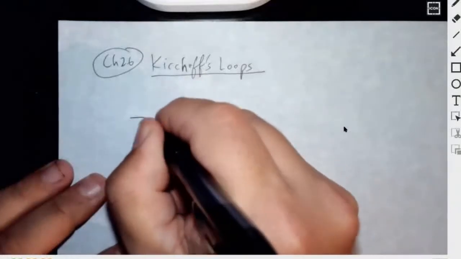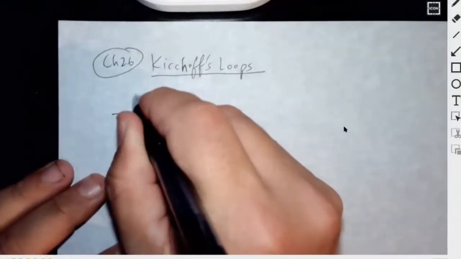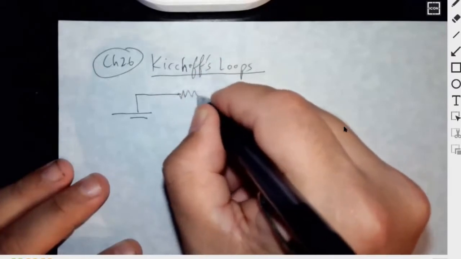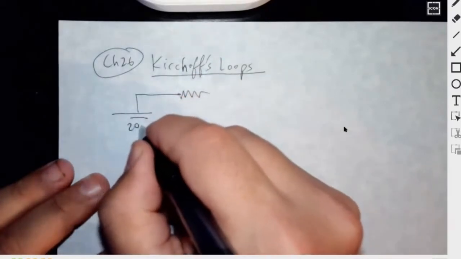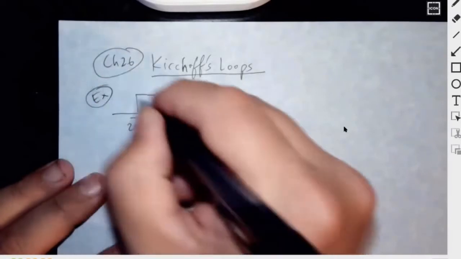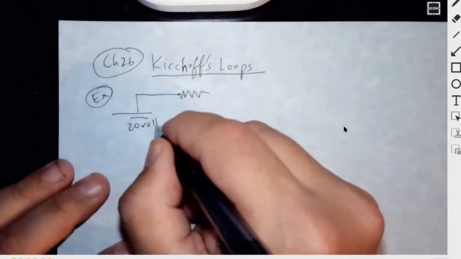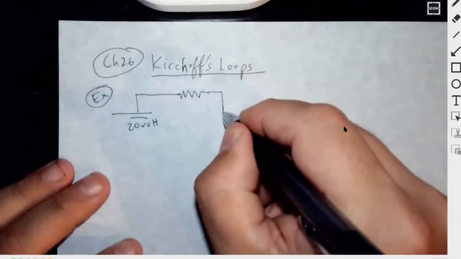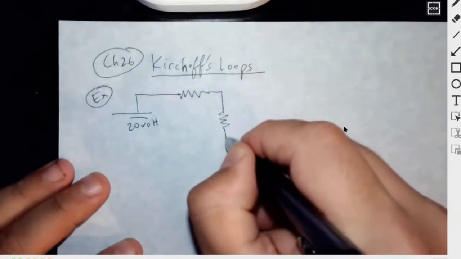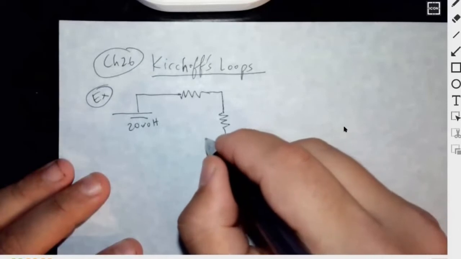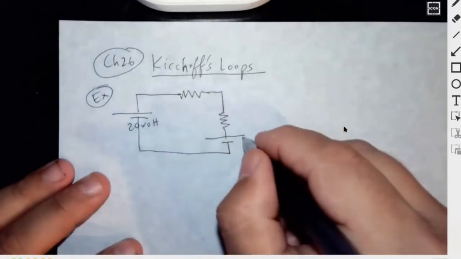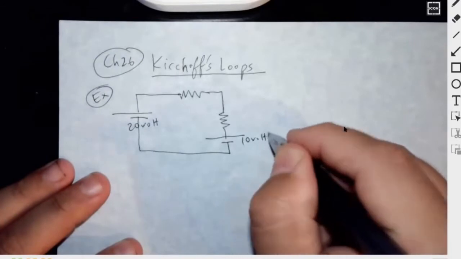Two-loop circuit. Let's say a 20-volt battery, a 10-volt battery.